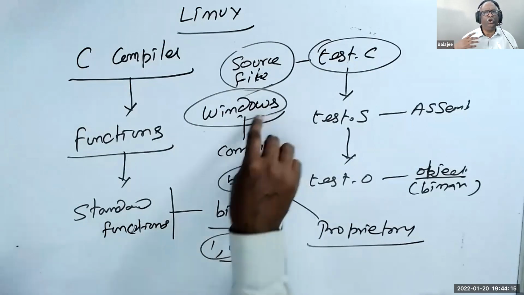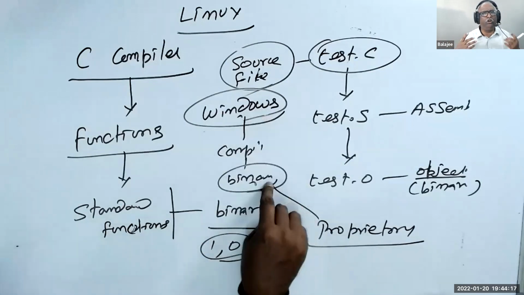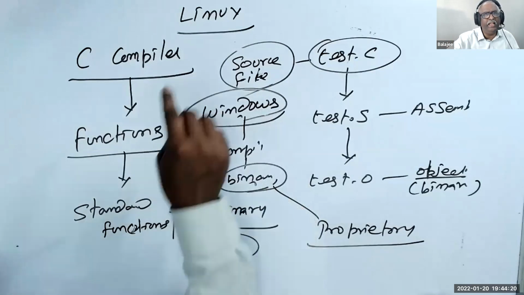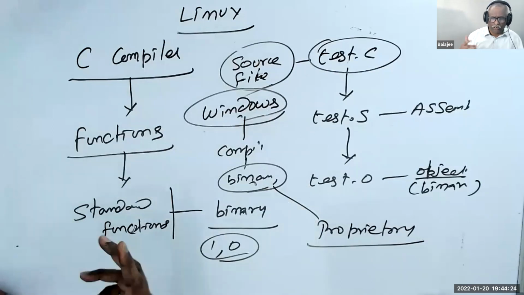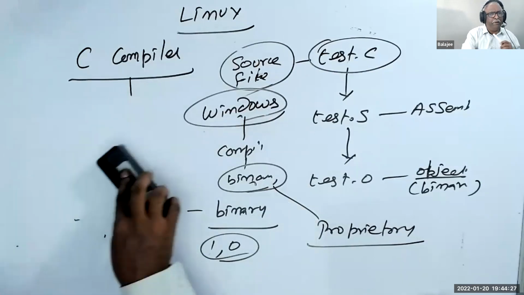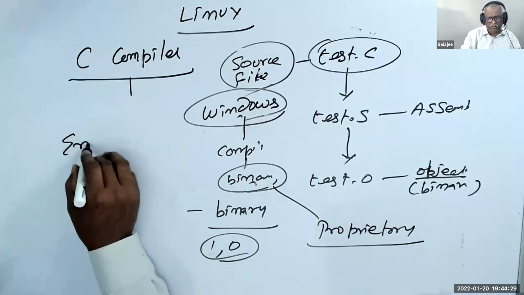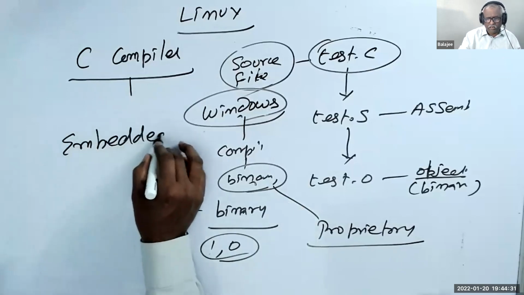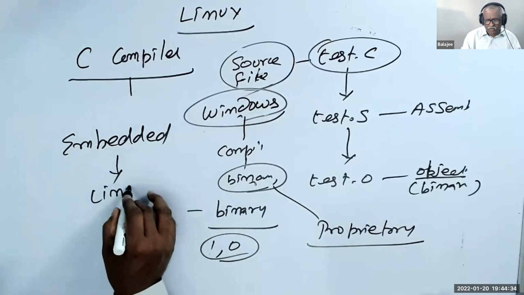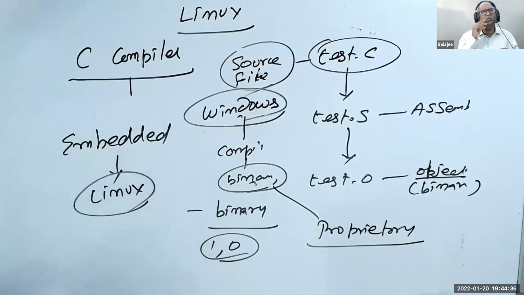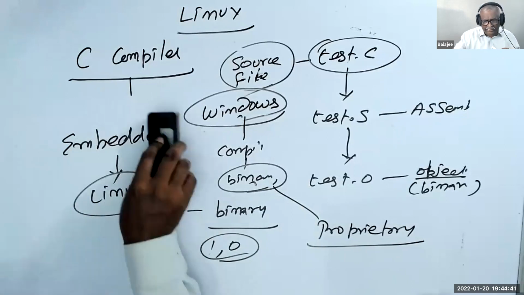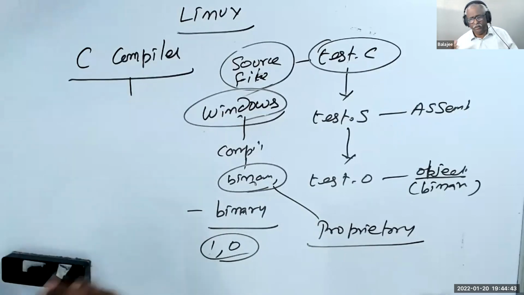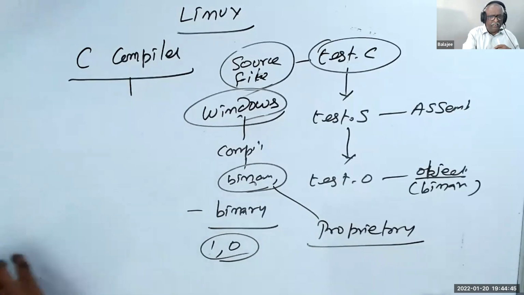In Windows, you can use the product. In Linux, you can use it, and also you will know how it is working. You can change your code. That's why in the full embedded world, we use Linux, because you can tune as you wish. That is the next stage of your programming. Once you master the programming, then you go to that. There are huge demands in the market for that.